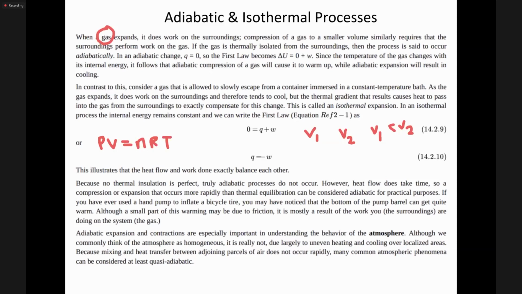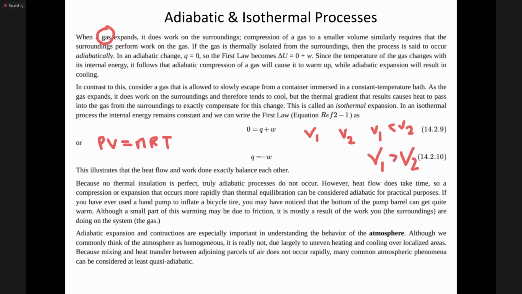And on the contrary, if a gas is going from V1 to V2 by the mode of compression, so V1 is greater than V2, then the surroundings are performing work on the system.